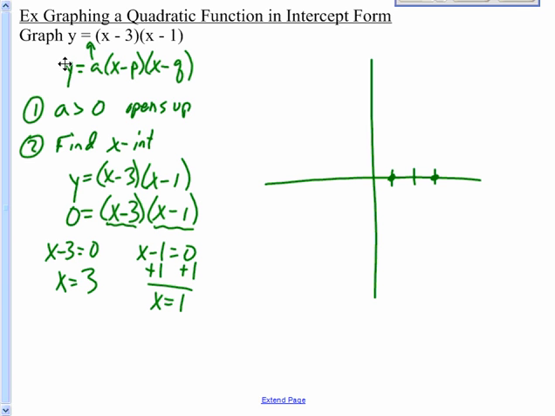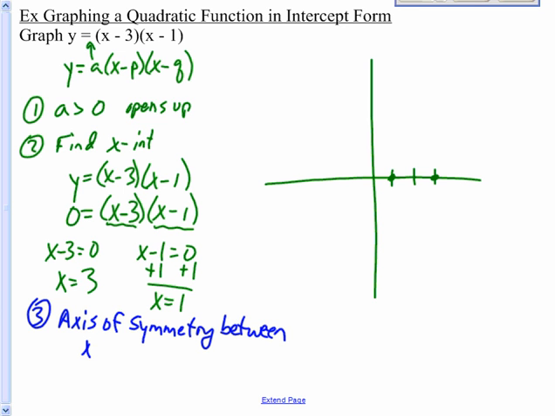Now, since this thing is reflective, my axis of symmetry will be right between the x-intercepts. So you know how on these x-intercepts, there's 2 between them, right? So 2 divided by 2 is 1. So if I go over 1 from this, that's splitting it. It's going to be right there at an x value of 2.